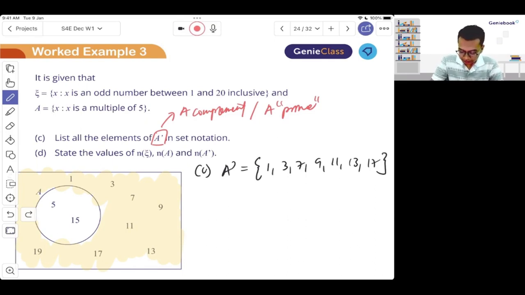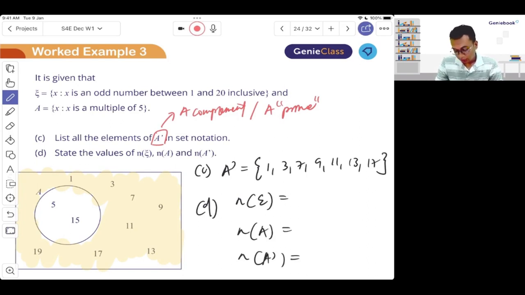Now, part D, I'm just interested in finding the number of elements first in the universal set, the number of elements in A, and then the number of elements in A prime or A complement. So the universal set is just everything. 1, 3, 5, 7, 9, 11, 13, 15, 17, and 19.